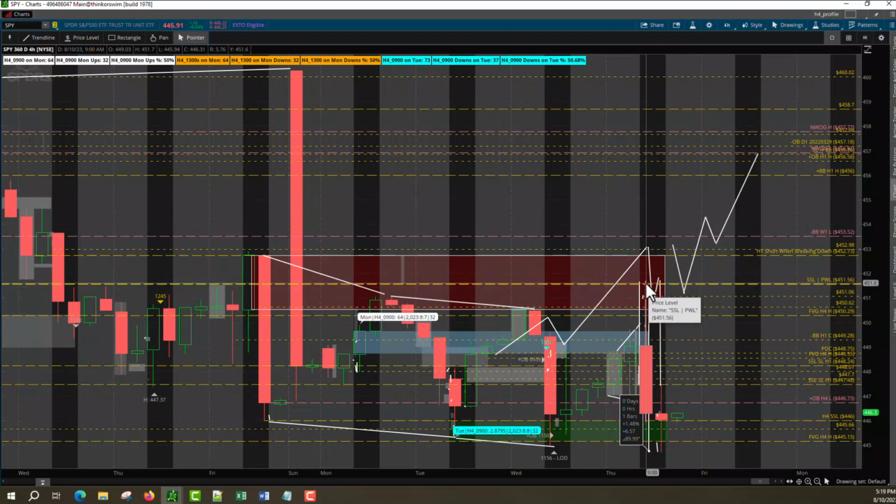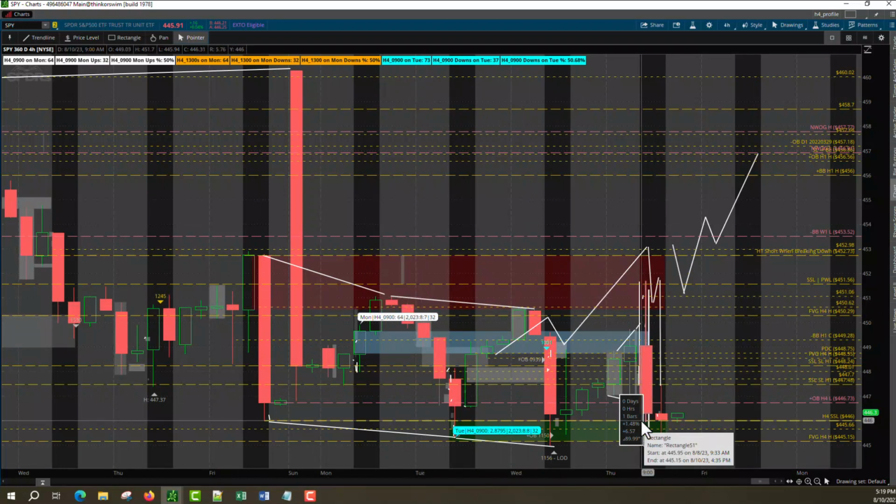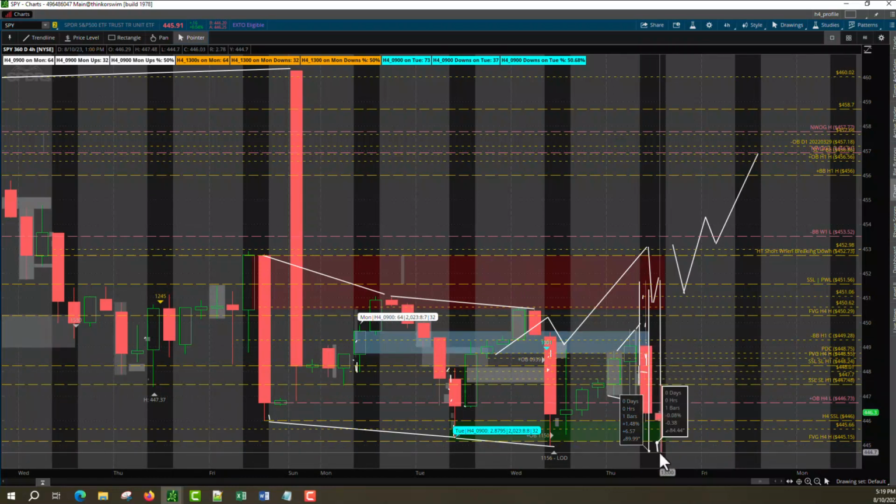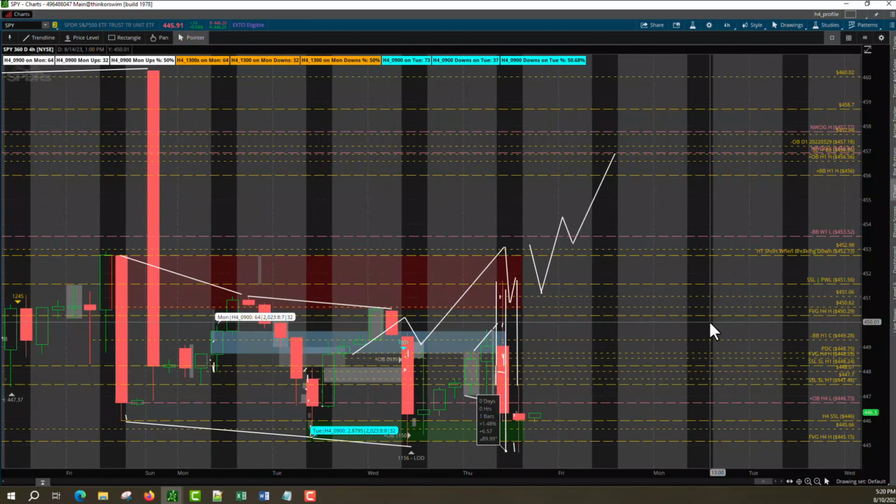That means it was trying to sweep the buy side liquidity and go down. It does not stop; it will take the buy side liquidity and then grab the sell side liquidity on both ends. So that's the nature we need to learn.